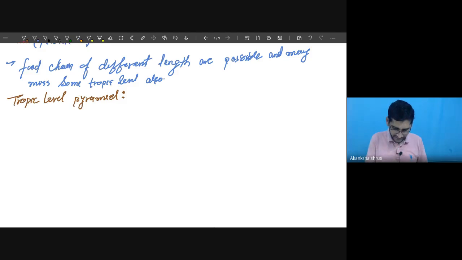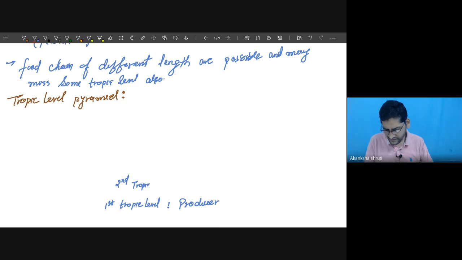We have learned from the above discussion that at the base is the first trophic level. This is also called what? Producer. The second trophic level is called primary consumer.